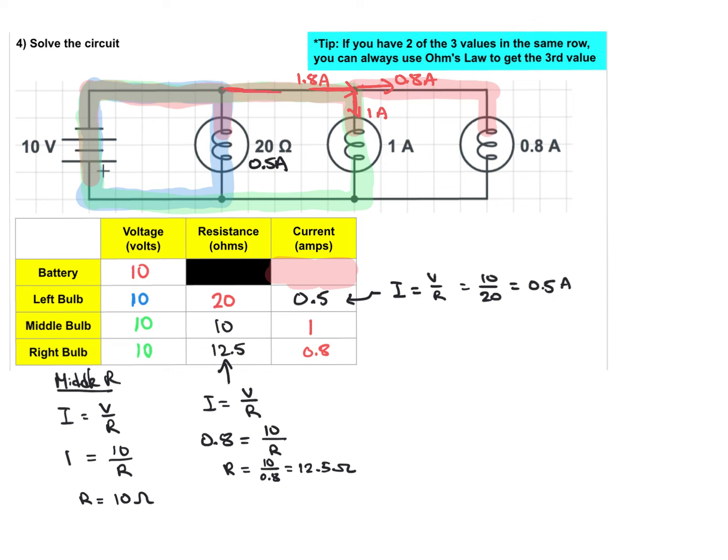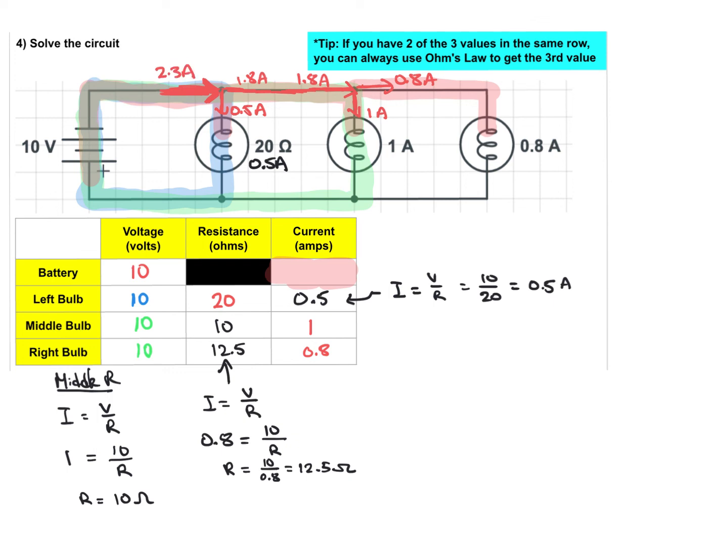Similarly, I can backtrace this. So 1.8 amps came this way, and 0.5 amps went down the first pathway. So therefore, how many amps had to come from here? Well, 1.8 plus 0.5, basically. 2.3 amps had to come from here.